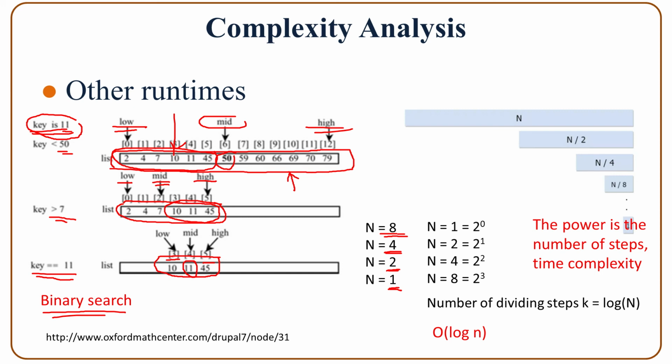If we reverse this, looking at the reverse order 1, 2, 4, and 8, 1 is actually 2 to the 0. 2 we can write 2 to the 1. 4 we can write as 2 squared, and 8 we write as 2 cubed, and etc.